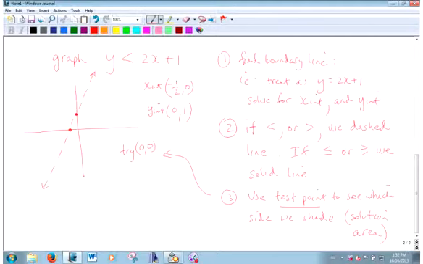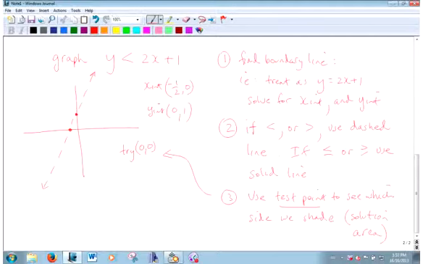I don't know, -5 and 5. Let's see if it works. If it does, it's part of the solution area. I could choose a point over here. I just like positives. I hate all this negative stuff. Okay? 4 and 4. If that point works in this equation, it's part of the solution area, and I'll shade this side. If it doesn't work, then it's not part of the solution area. I got to shade the other side of the line.